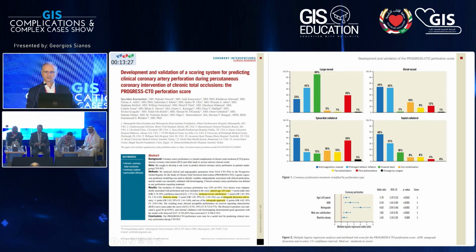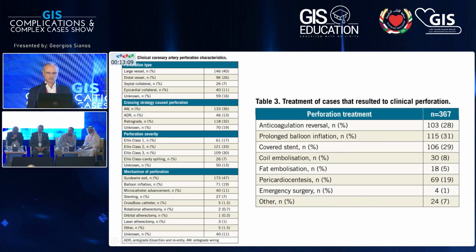And of course, distal vessel ruptures, where you see a coiling of another 18%. But when you have large vessel perforations, coils are not relevant. And I think that over there, cover stents are playing an important role, as also what is happening in other vessels.